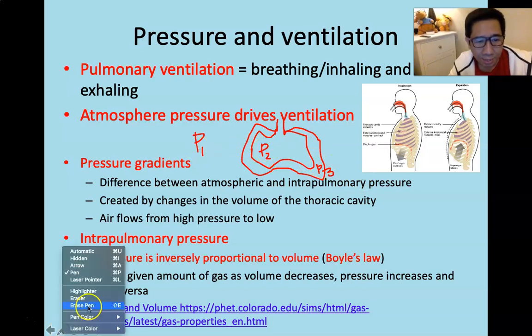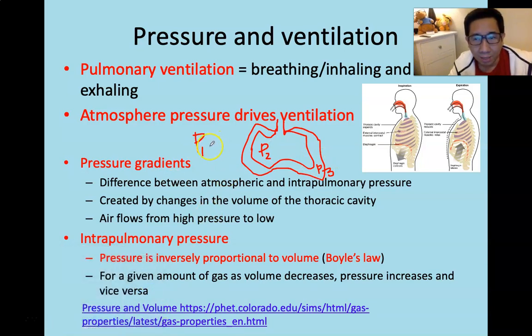When you breathe the air in, when you inhale, your P1 is greater than your P2, and your P2 is greater than your P3. Everything goes in order, folks: 1, 2, and 3.